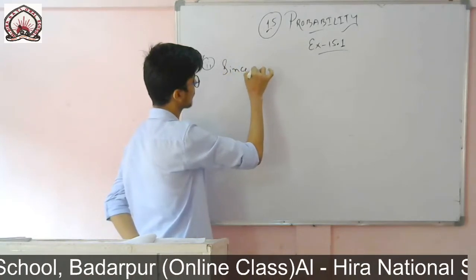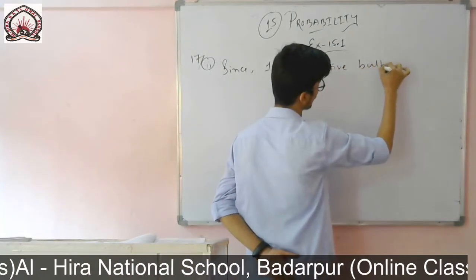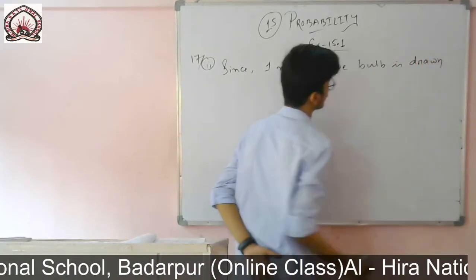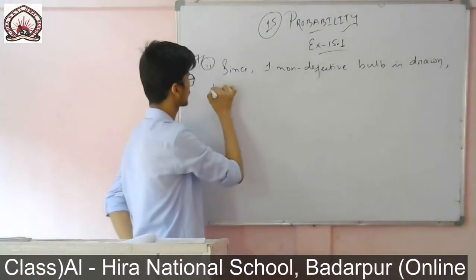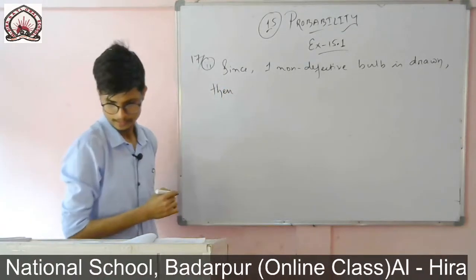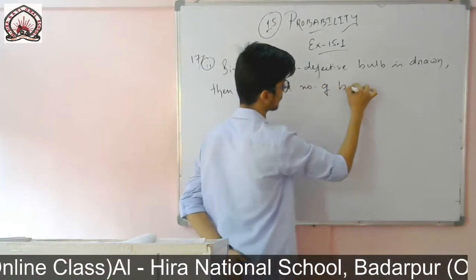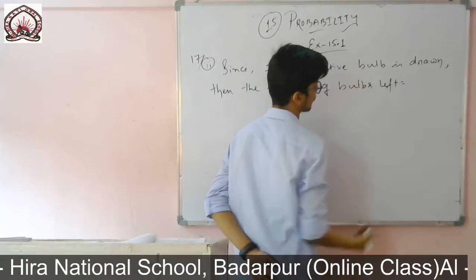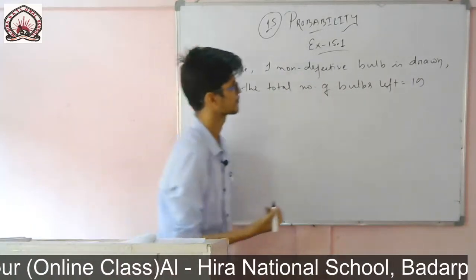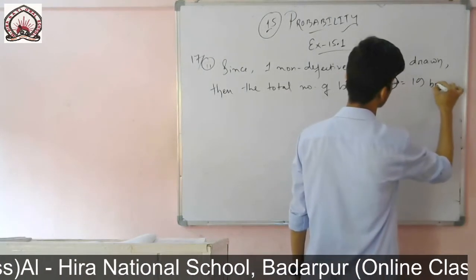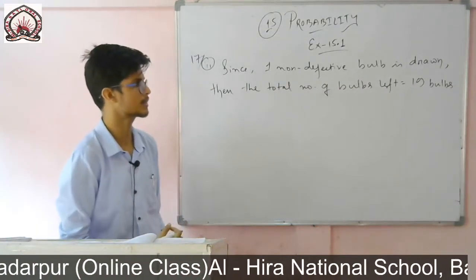So you write, since one non-defective bulb is drawn, then the total number of bulbs left equals 19 bulbs.